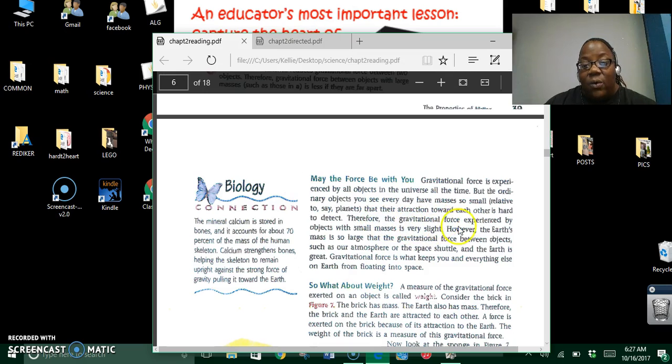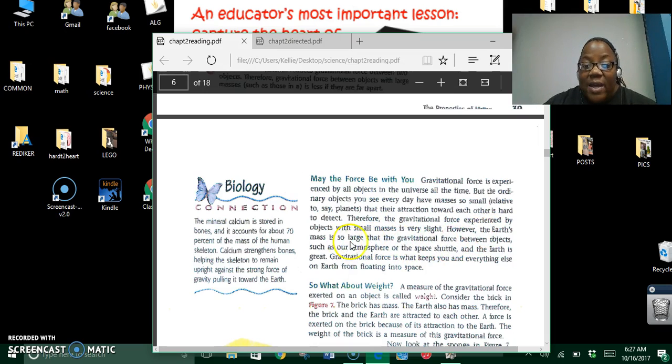Therefore, the gravitational force experienced by objects with small masses is very slight. So this is saying the smaller mass something has, like the mouse that I'm using, the less you're going to notice the gravitational force, okay? So again, the gravitational force experienced by objects with small masses is very slight.